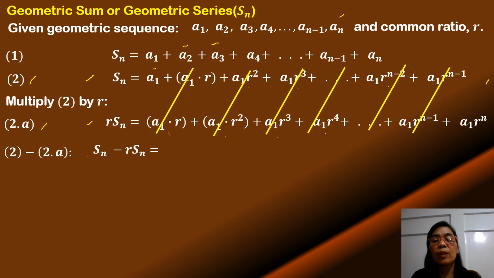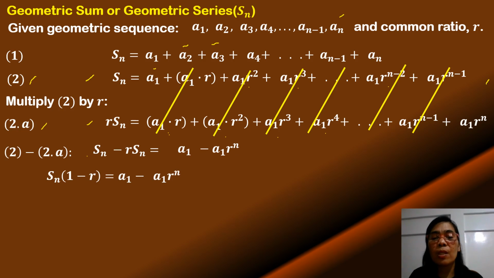So when we subtract the right members of the two equations, what is left is a sub 1 minus a sub 1 r raised to n. In the left member, s sub n is common. We can factor that out. So we have s sub n times 1 minus r. On the right side, we have a sub 1 minus a sub 1 r raised to n.